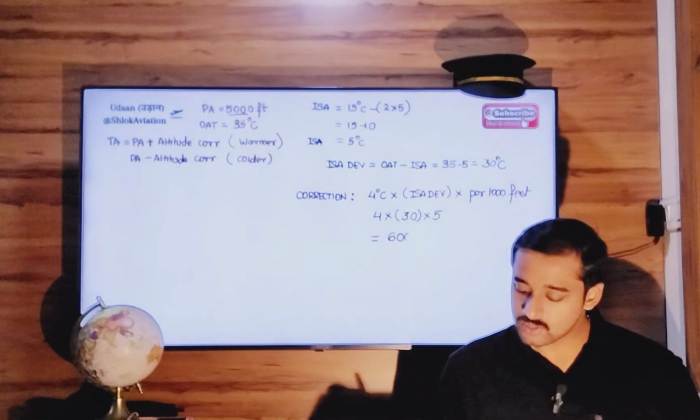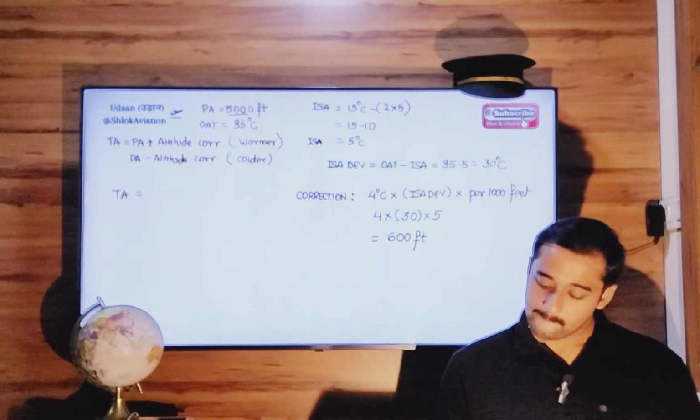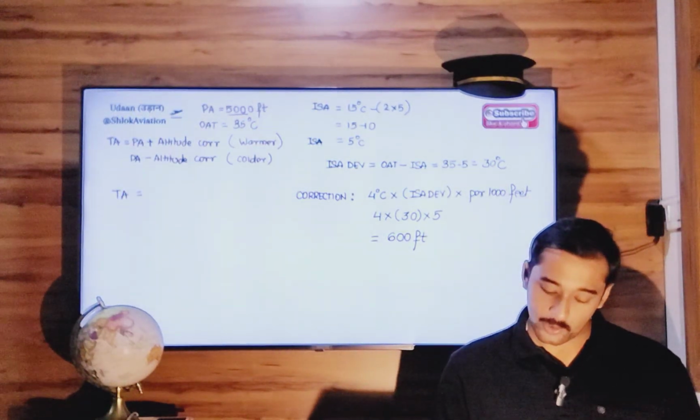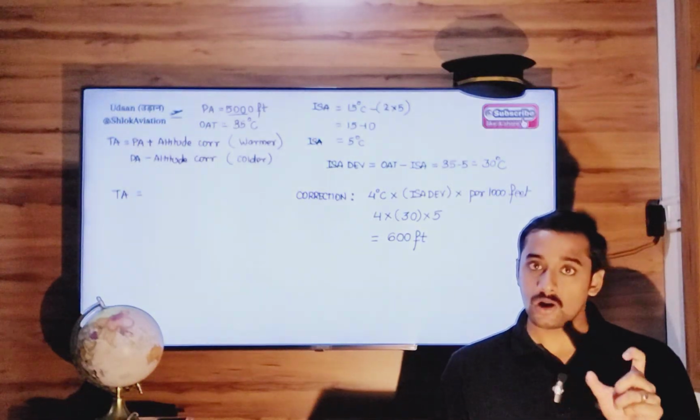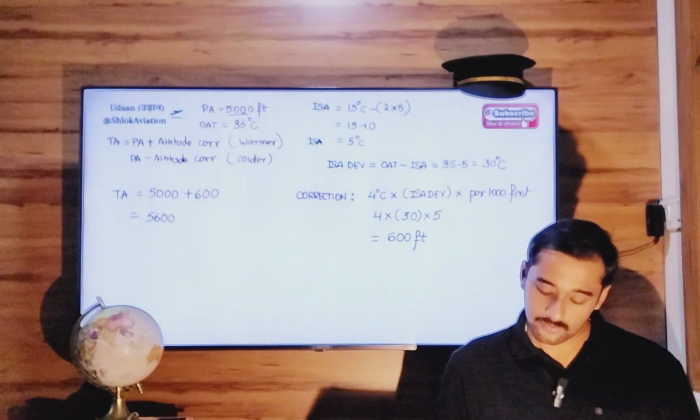So this is equal to 600 feet. So true altitude will be plus 600. So you are going to add this correction to your pressure altitude. So 5,000 plus 600, which is 5,600 feet.